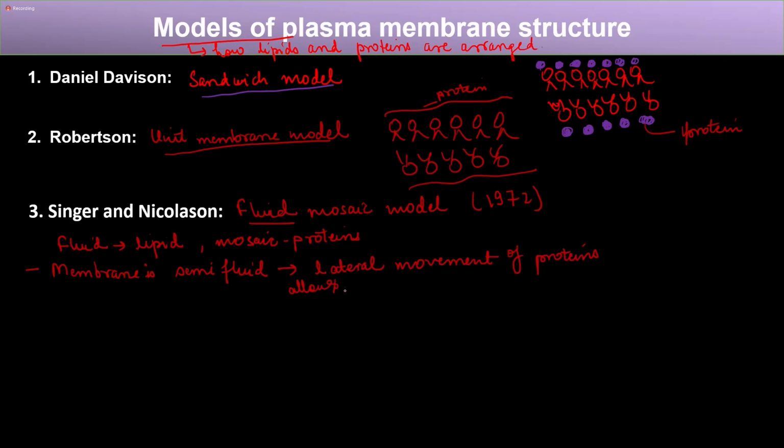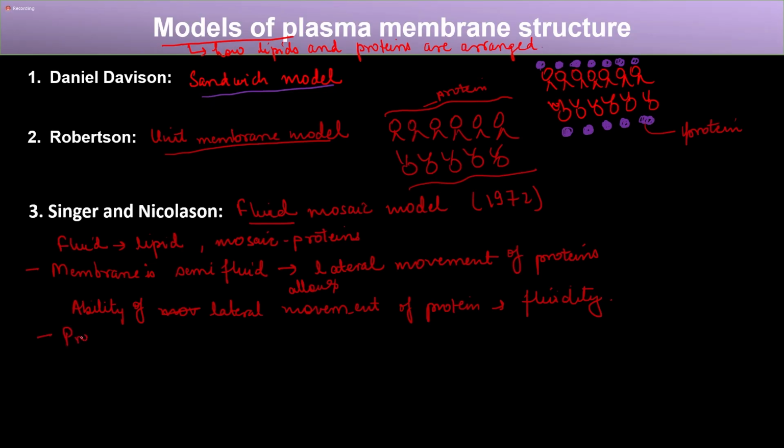And this ability of lateral movement of proteins is called fluidity. So this was the fluid mosaic model, in which it was said that the membrane is semi-fluid in nature, which allows the lateral movement of the proteins.